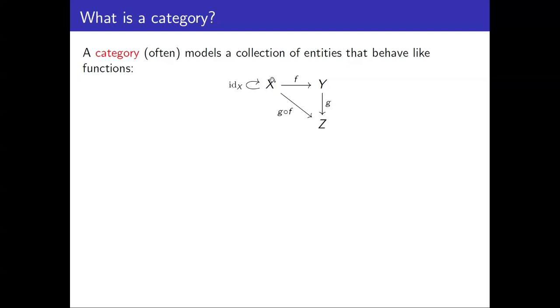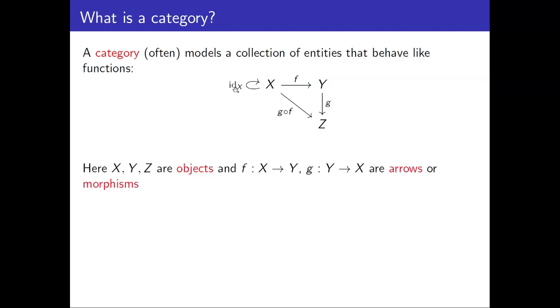Something else functions exhibit is that there are identity functions. There are functions that basically take an input and just do nothing. And that's really it. So a category is any collection of entities for which these two properties hold. In the language of category theory, you would call these X, Y, and Z objects.